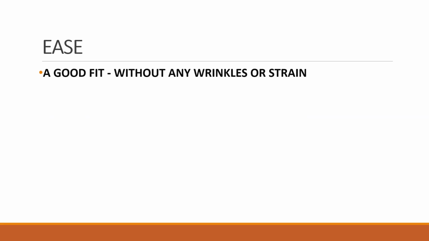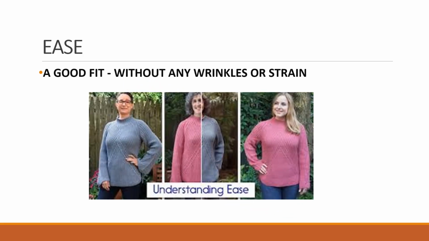Ease also means that any garment we are wearing should not have any wrinkles or strain. So this is the best way to understand ease: without wrinkles or strain in the garment.